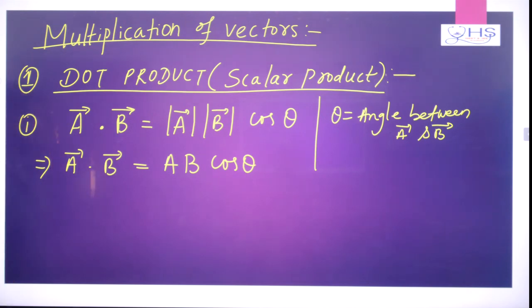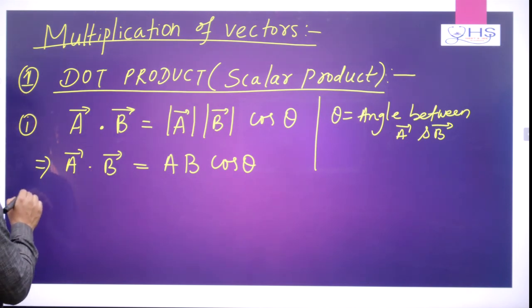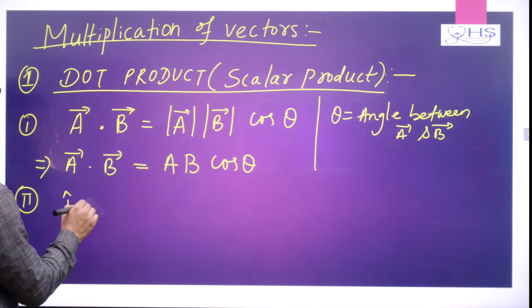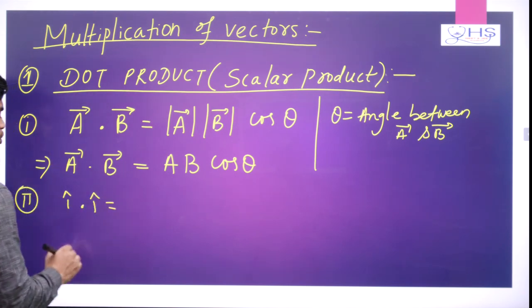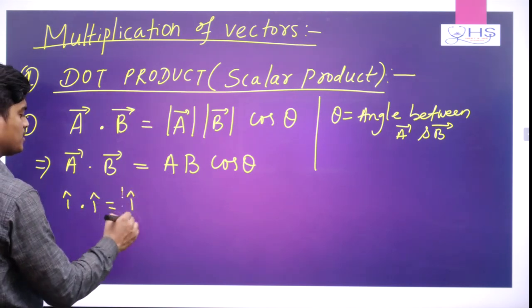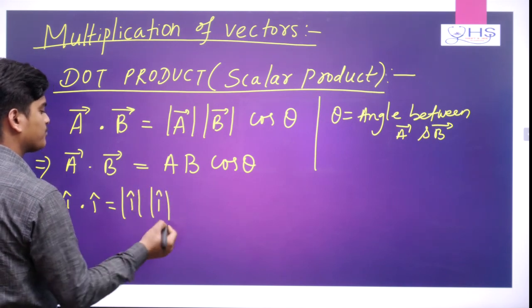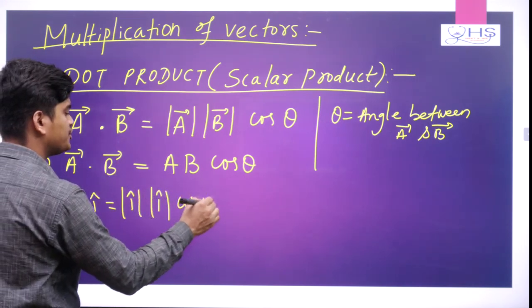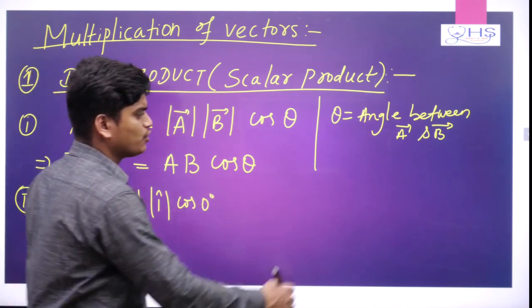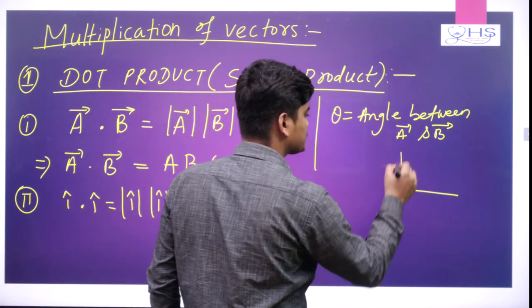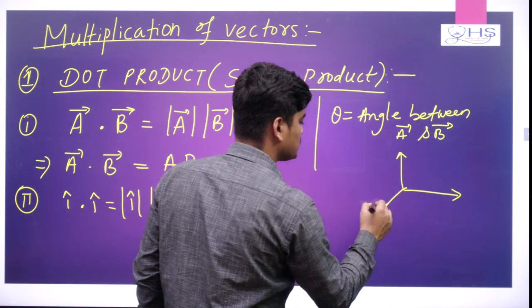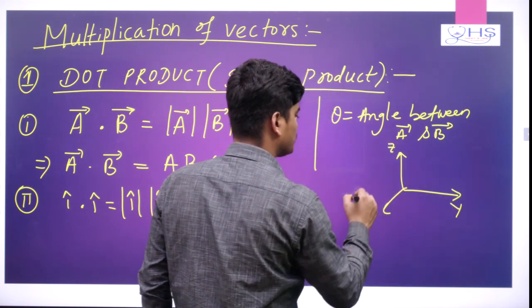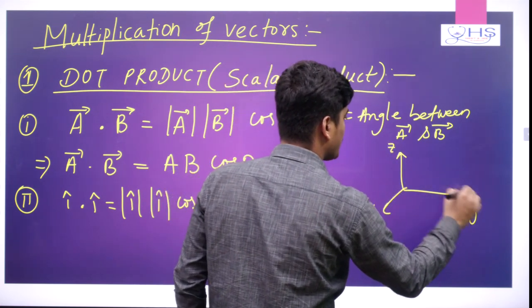Now if I take i cap dot i cap, what is i cap? i cap is the unit vector. i cap dot i cap is i cap magnitude into cos 0, because if this is your x axis, y axis, z axis, this is your i cap, this is your j cap, this is your k cap.